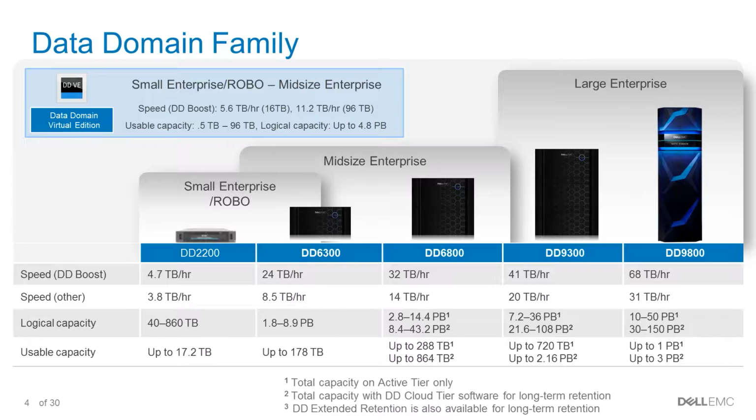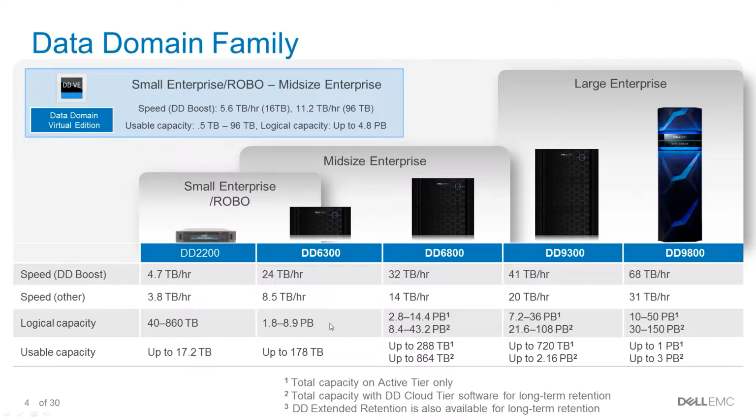Plus, when you factor in Data Domain's logical capacity, you can get, again, up to 3 petabytes on one device. Imagine having that much data and being able to manage all of it with just a single management center, and that's pretty special. So that's definitely a big part of the enterprise story. But even down in the mid-size, I'll say 178 terabytes on an entry level backup appliance. That's pretty special. So this is the whole family.